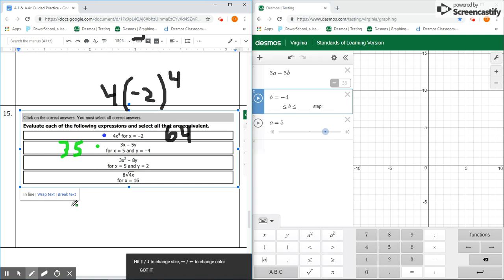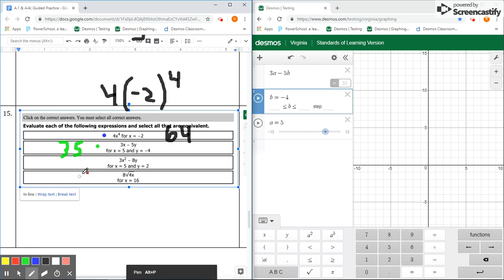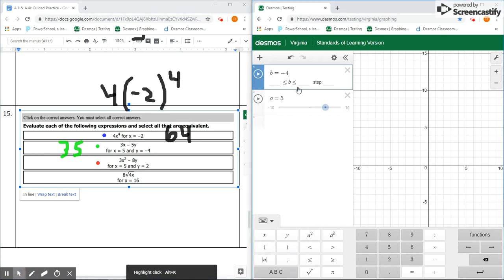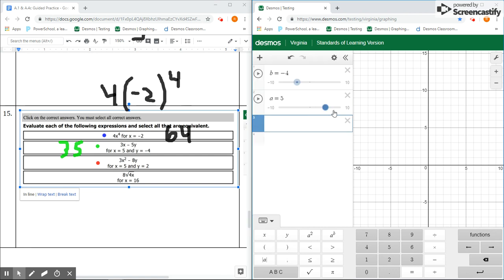Okay, I'm going to try the next one. Let's do this for red so that we can tell. 3x squared minus 8y. Again, we can't use x and y, so I'm going to use a and b. 3a squared minus 8b. Okay, and we're going to say x is 5.